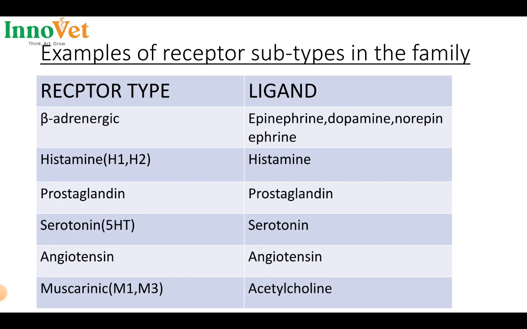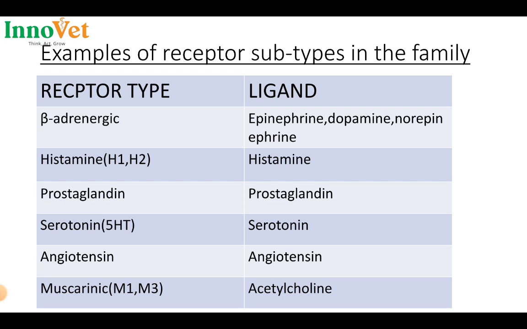So let's look at examples of receptor subtypes under this family of the G protein coupled receptors. Here we have a receptor type and the ligand that binds to that specific receptor.